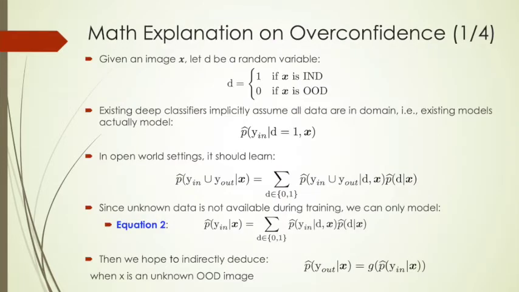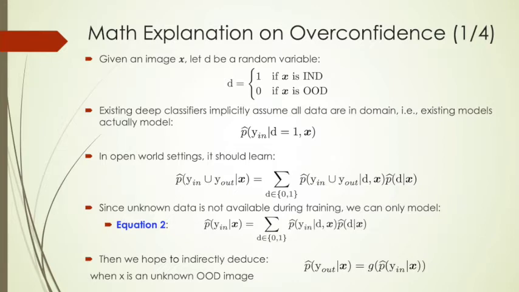I was intrigued by mathematical analysis and explanations on how this overconfidence happens and how we can overcome or mitigate overconfidence. Let D be a random variable. When X is in domain, D equals 1. When X is out of domain, D equals 0. Existing deep classifiers implicitly assume that all data are in domain, so what they actually model is, for an image X, and D always equals 1, what is the probability of X belonging to an in-domain class?